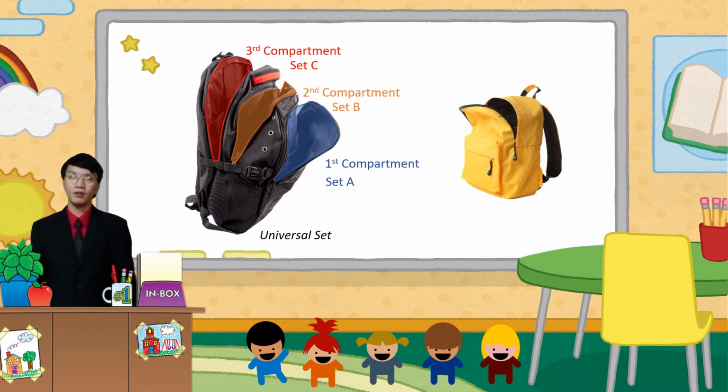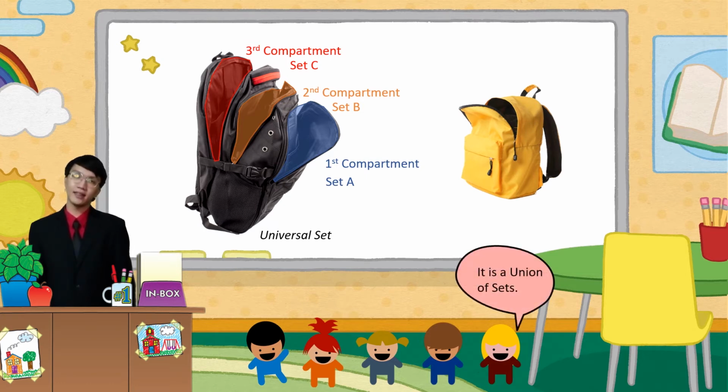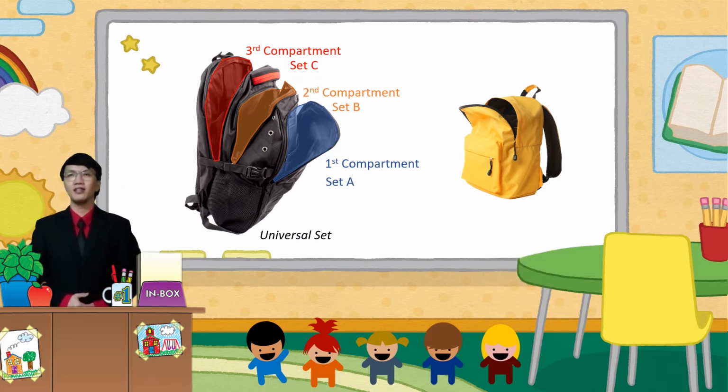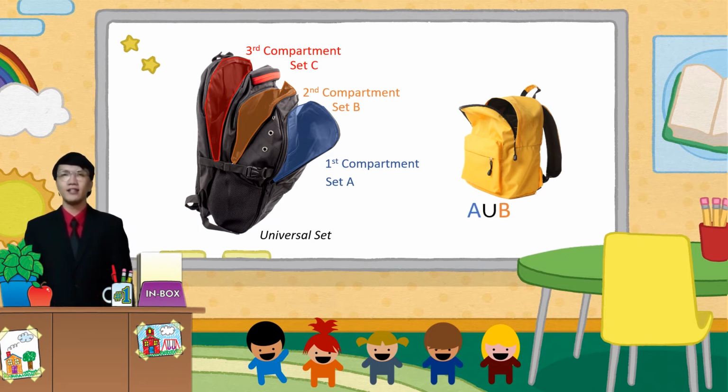Then we can consider this scenario as... Yes, Sophia, you're right. That is considered as an example of union of sets. Since we have recalled, I guess we are ready to call Teacher Grace for a new topic today.